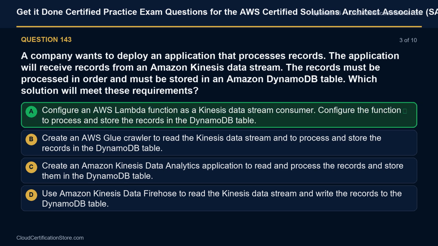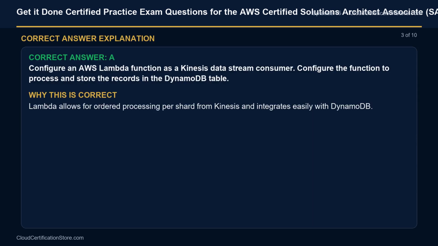The correct answer is A. Configure an AWS Lambda function as a Kinesis data stream consumer. Configure the function to process and store the records in the DynamoDB table. Explanation: Lambda allows for ordered processing per shard from Kinesis and integrates easily with DynamoDB.